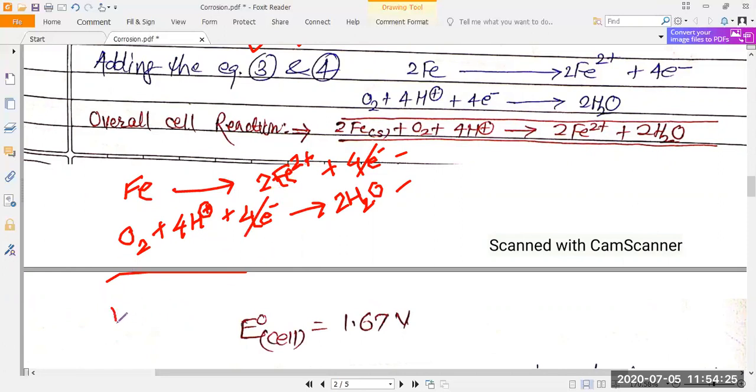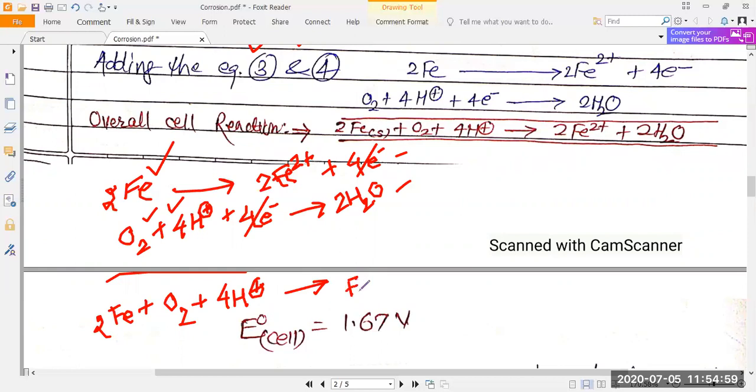At the left hand side we get Fe, and the total number of Fe is 2, so we write here 2 Fe plus oxygen plus 4H plus. This is the left hand side portion. Okay, dear student, we write 2Fe, oxygen plus 4H plus on the left hand side and put the arrow, then write the right hand side portion.